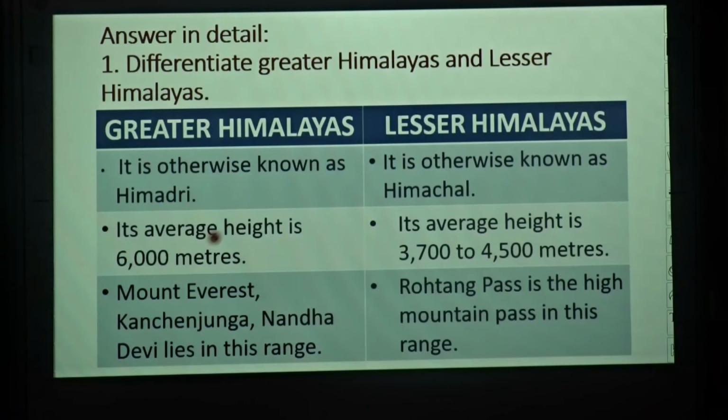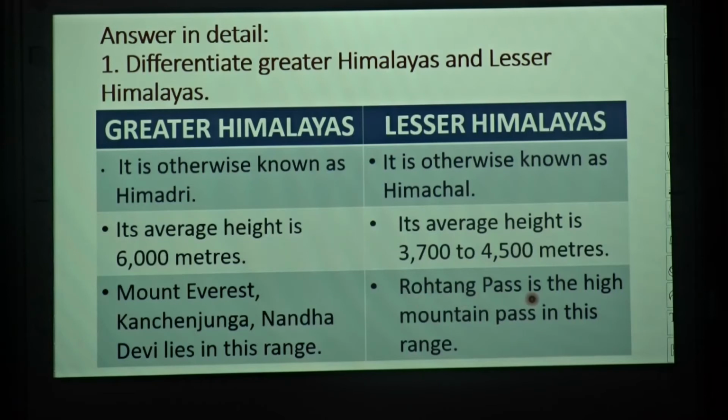Greater Himalayas average height is 6,000 meters and lesser Himalayas average height is 3,700 to 4,500 meters.